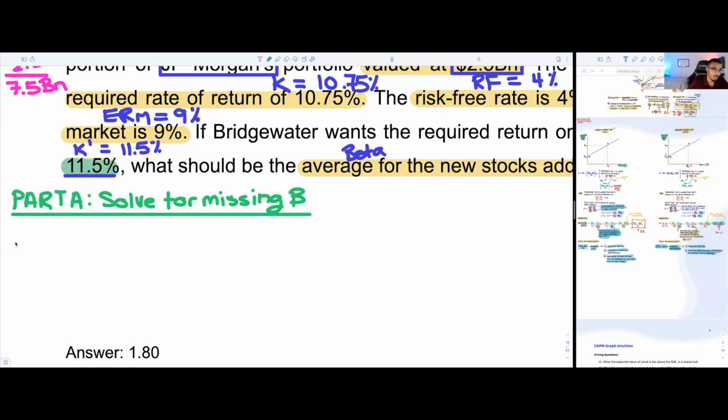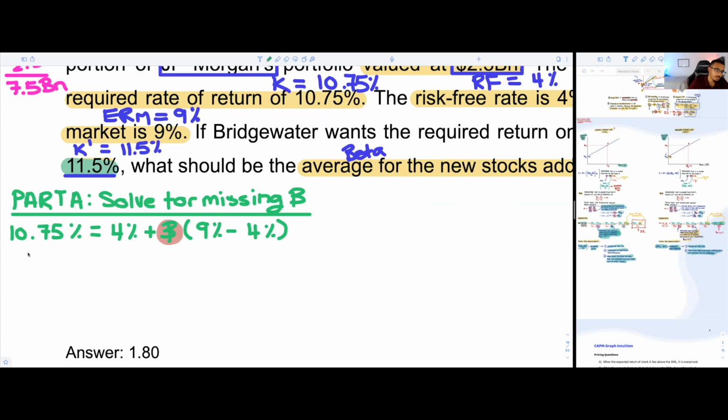All right, part A is solve for missing beta. That's really, really easy to do because once again, we have our K, which is 10.75%. We have our risk-free rate, which is equal to 4%. Then we don't have our beta. Then we have our return on the market, which is 9%, and once again, we have 4% right here. So if you were to plug all of that in, you could simply solve once again for beta, super quick.